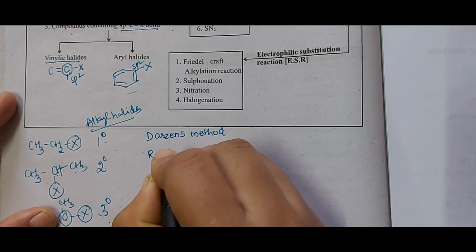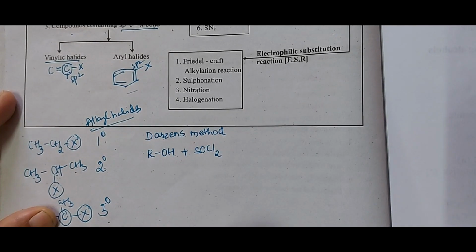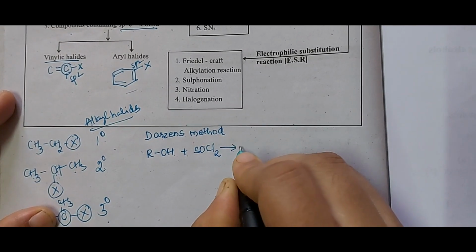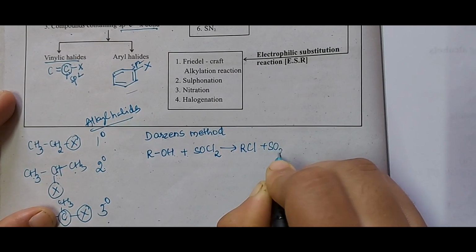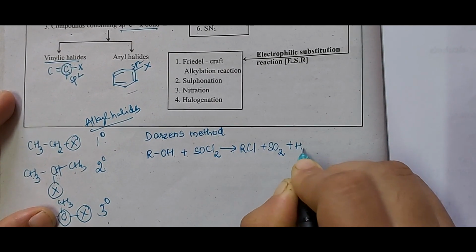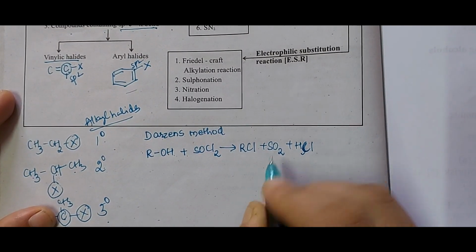The formula for thionyl chloride is SOCl2. It results in the formation of an alkyl halide, and along with that sulfur dioxide and HCl as products. Similarly, we go with the next reaction.